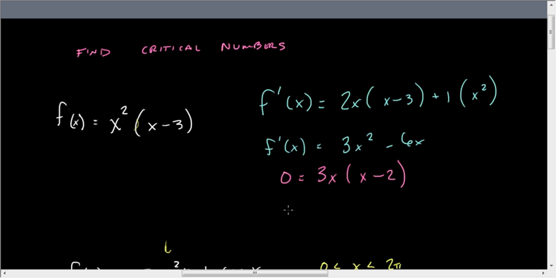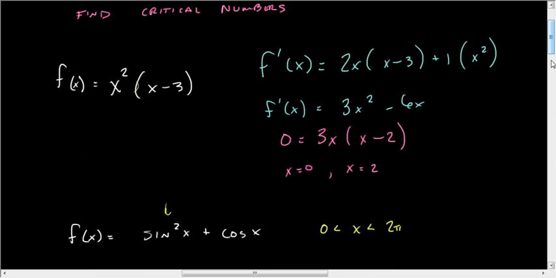This gives us either x is equal to 0 or x is equal to 2. Those are the two values that make that 0. So that means that we have critical points at x equals 0 or 2.